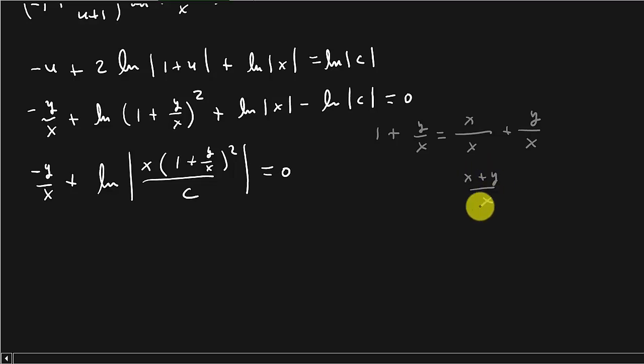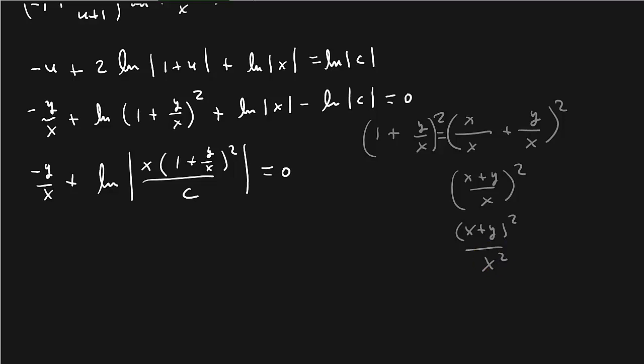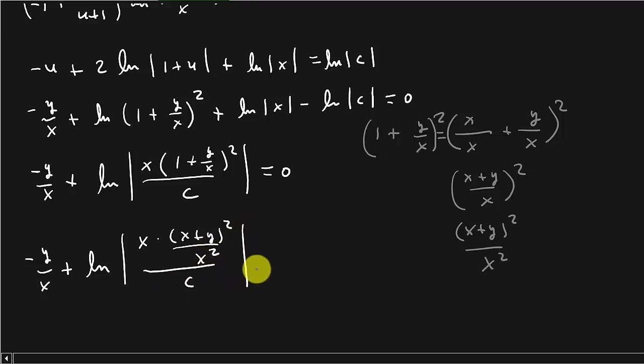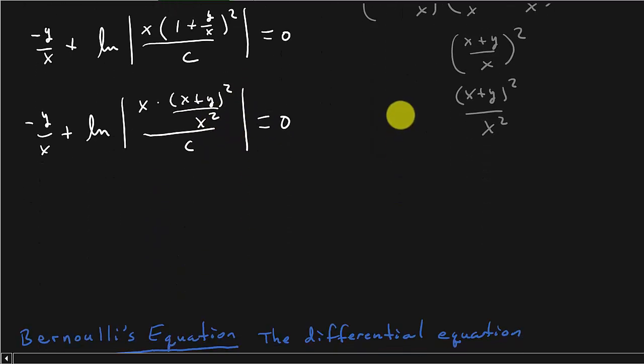And remember this is squared, so I can actually write this as x plus y squared over x squared. So this is minus y over x plus natural log of x times x plus y squared over x squared, and that's over c equals 0.